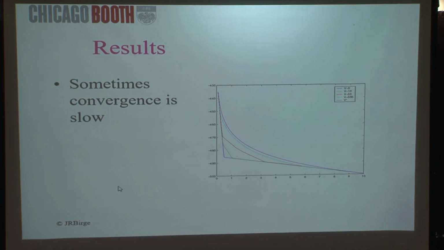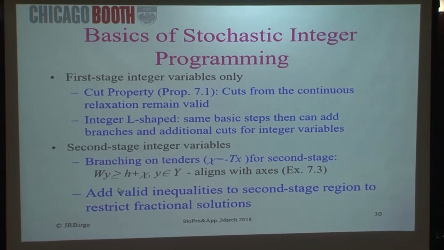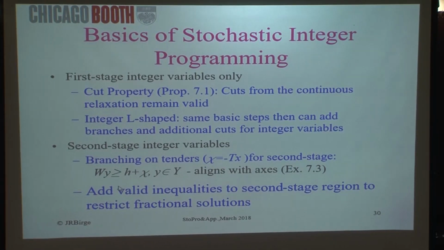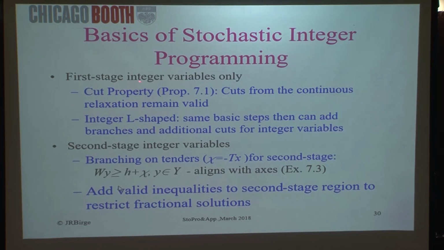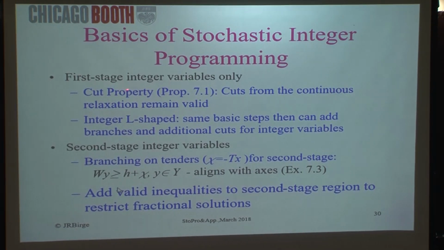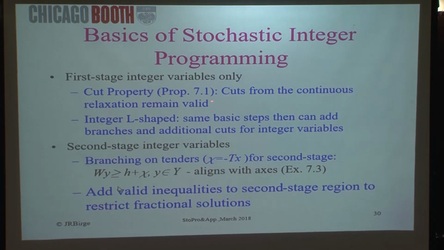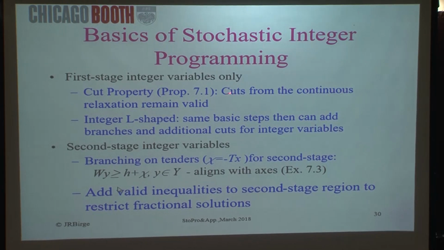Okay, and then the last extension I wanted to talk about is just with integer programs. So if everything is just in the integer variables, or everything is just in the first stage, then everything sort of remains valid.